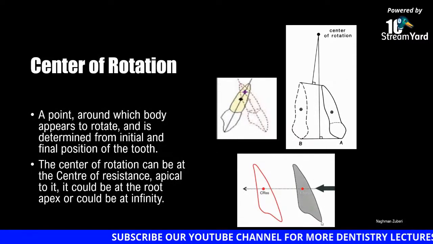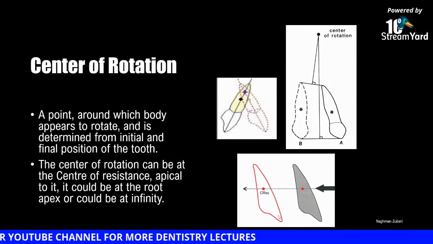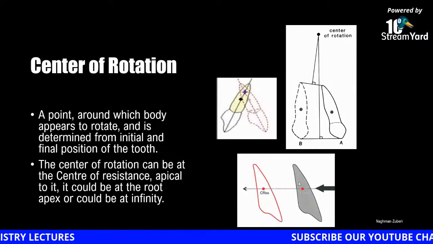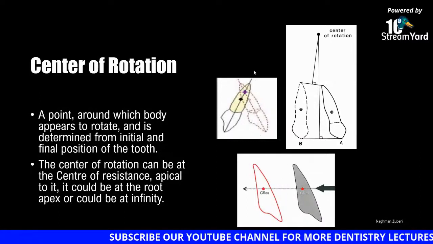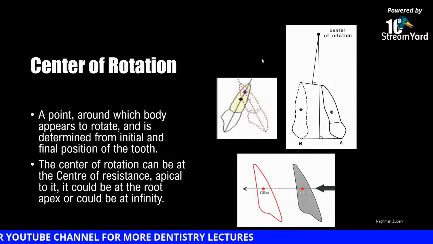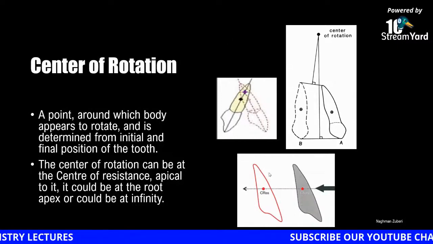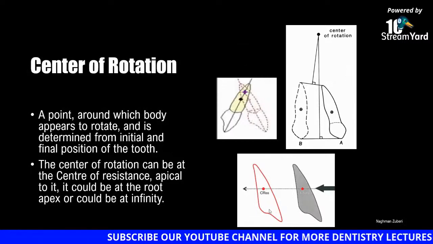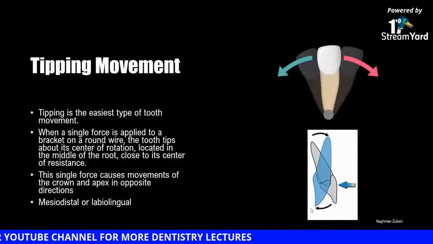So if we place one line touching the first position and the final position, and the apex first position and final position, and erect two verticals, maybe somewhere at infinity they are going to intersect each other. So we say that in that case there is zero rotation; virtually there is no rotation in pure translation.